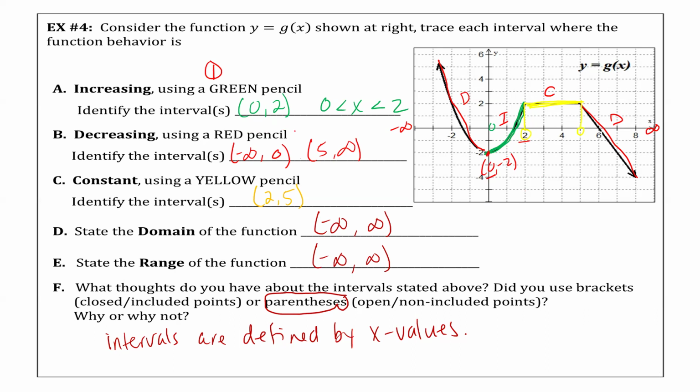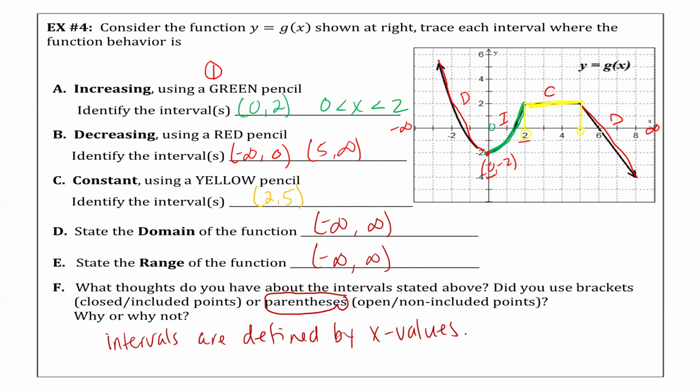So my interval of increase is from 0 to 2. And you need to be comfortable seeing it in either format, whether as 0 to 2 or in interval notation. Always left to right.